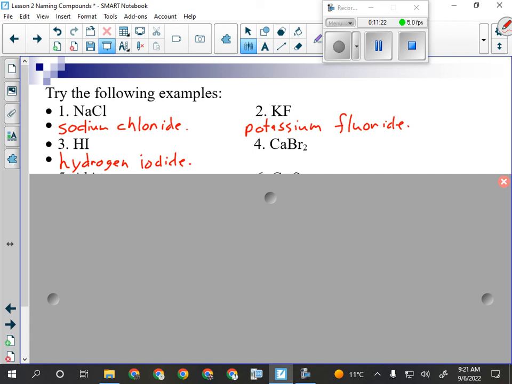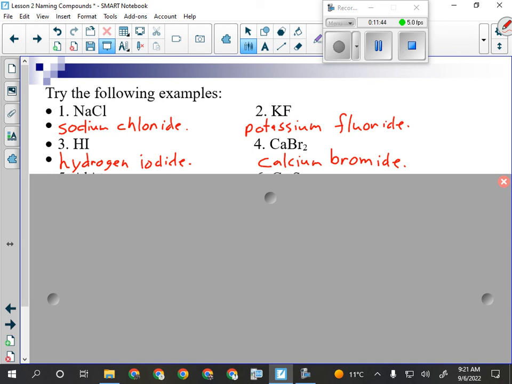And for number 4, Ca stands for calcium, Br stands for bromine. So this will be calcium bromide. Does the 2 matter? Not for the name, no. We don't use prefixes in ionic compounds.